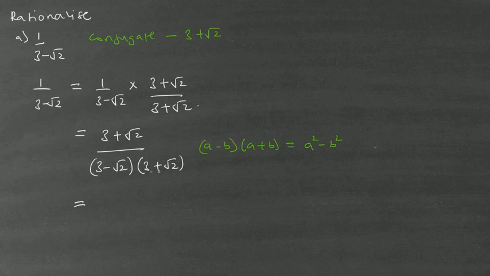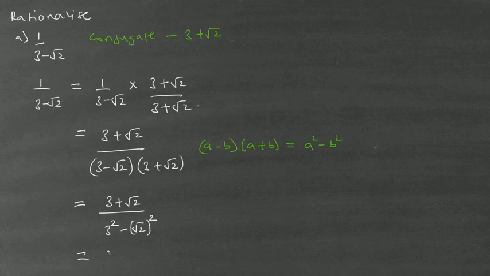So we shall square 3 and also root 2, and we end up with the numerator remaining as 3 plus root 2 over 3 squared minus root 2 squared.